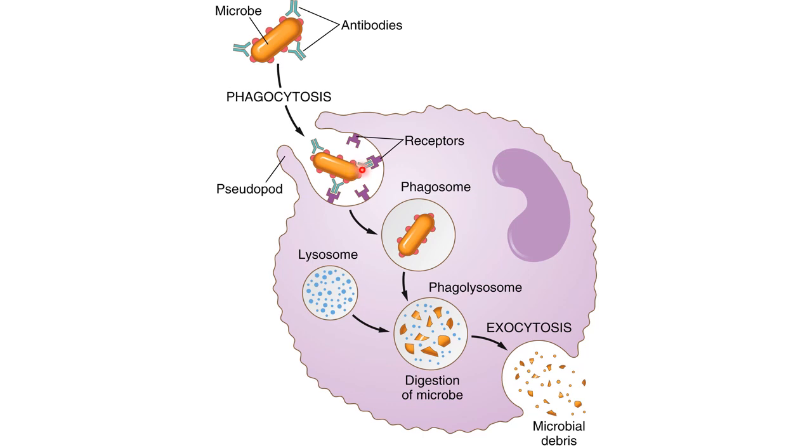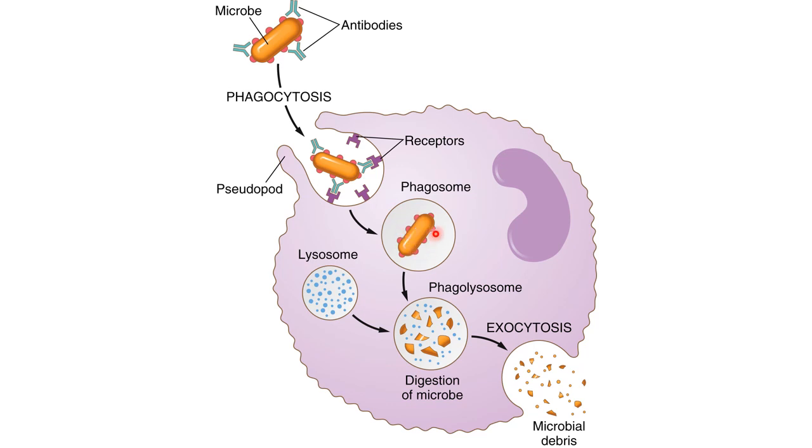The antibodies will bind to the receptors, and it will cause the membrane of the white blood cell to pinch off, no? So, mag-i-invaginate ito, and it will form a phagosome. So, meron ka na ngayong vesicle inside the cell which contains the pathogen.